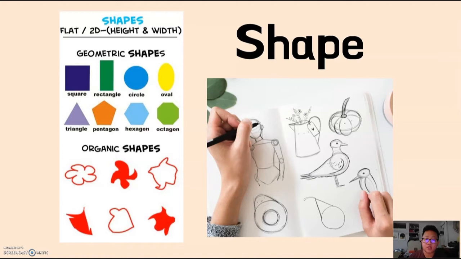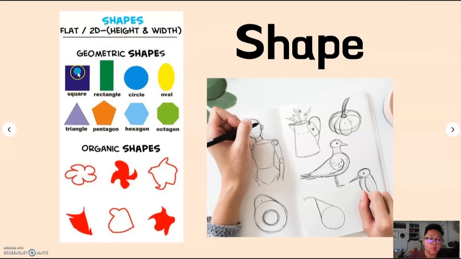And now shape is the next important thing that artists use to create artworks. Shapes are when you create a line wrapped around, and that creates an enclosed line, or a shape. Usually shapes are flat and they are 2-dimensional, meaning they have a height and a width.